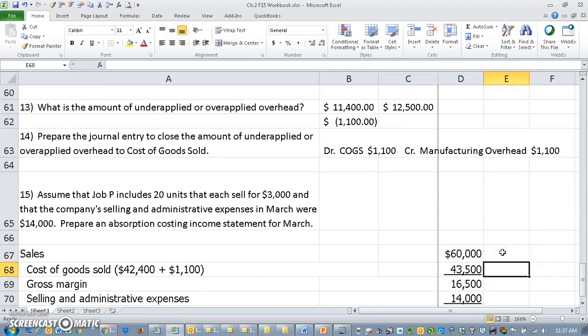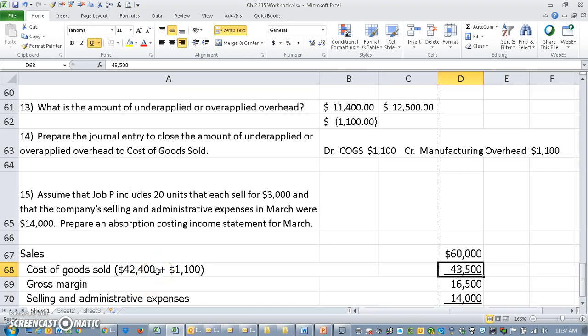So here we go. We've got our sales of $60,000. And you might ask, well, how do we get $60,000? That's the 20 units times $3,000 per unit. We know that our cost of goods sold was $43,500 because we know our unadjusted cost of goods sold was $42,400.